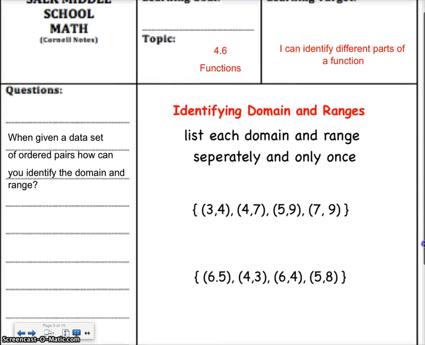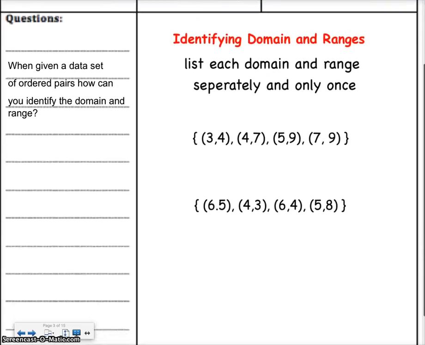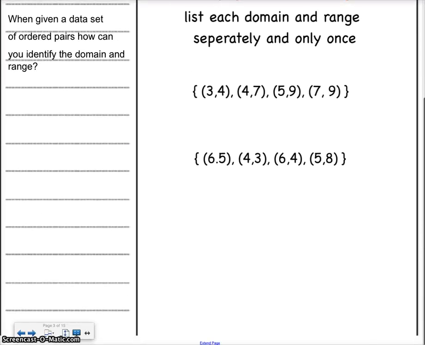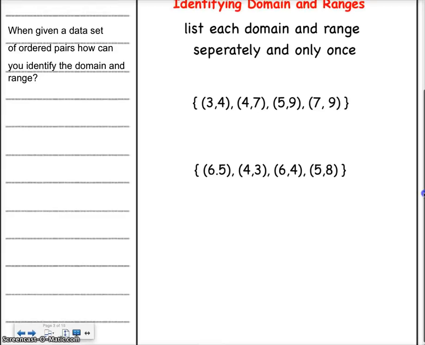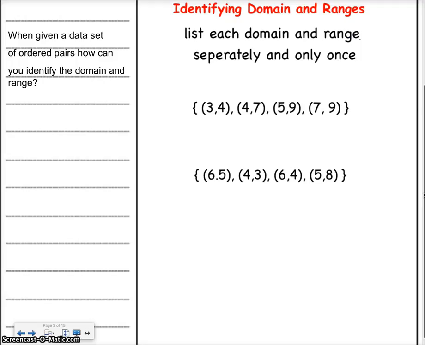So now that we know that, one of your learning targets today, I'm going to give you a relation, which means a set of points, and your expectation is just to identify the domain and identify the range of those sets of points. A little rule when you do that, you list each domain and range separately and only once, meaning if there's 2 3's for an x, you only write one 3 down.